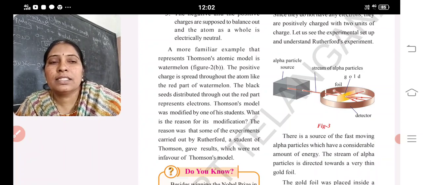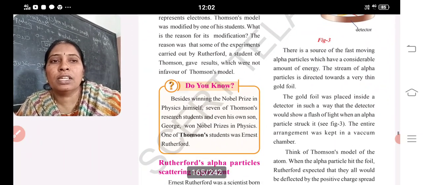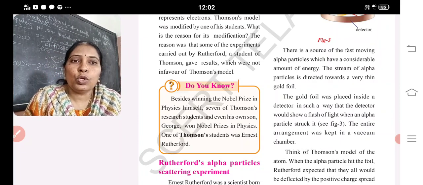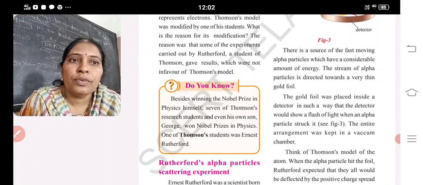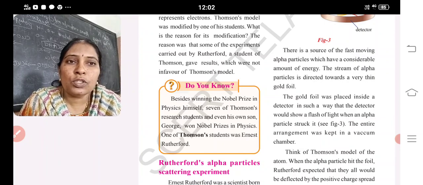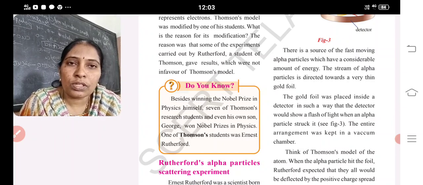Now let us discuss the Rutherford model. Before that, do you know, besides winning the Nobel Prize in Physics himself, 7 of Thomson's research students, and even his own son George, won the Nobel Prize in Physics. One of Thomson's students was Ernest Rutherford.